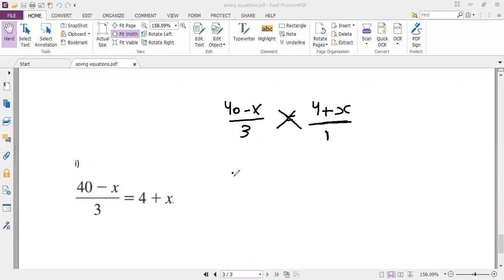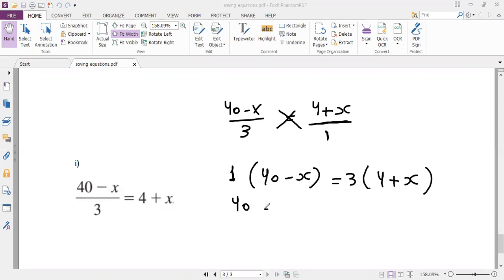So multiply 1 by 40 minus x equals multiply 3 by 4 plus x. So 1 times 40 is 40, and 1 times minus x is minus x, equals 3 times 4 is 12, and 3 times x is 3x. Okay?